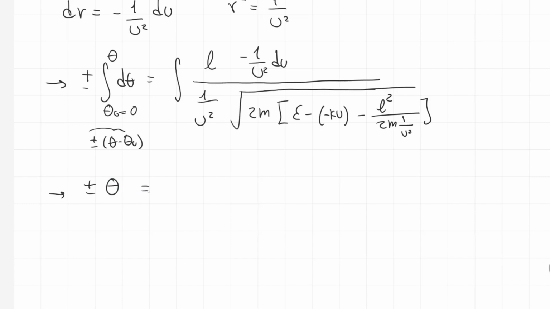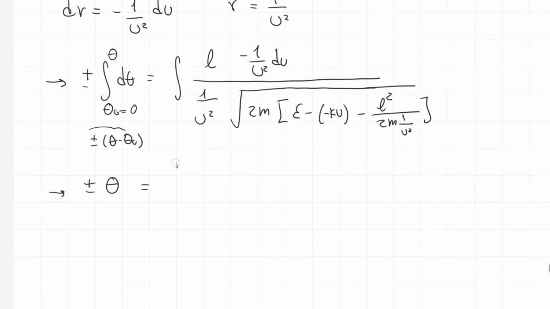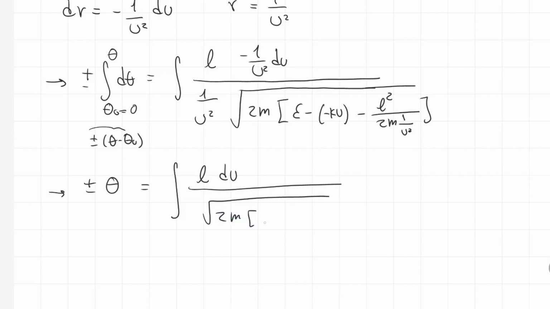And if we simplify what we have on this other integral, we are going to get that this is the integral of L times du over the square root of 2m times e plus ku minus L squared over 2m times u squared.